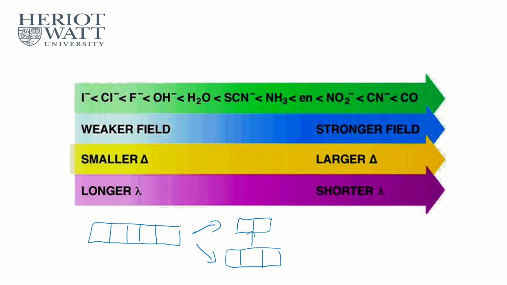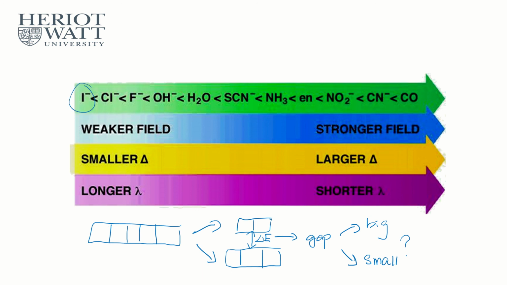And how do we know the energy gap here? How do we know whether it's a big gap or a small gap? It depends on the strength of the ligands. Now, from here we can see the weaker field is here.